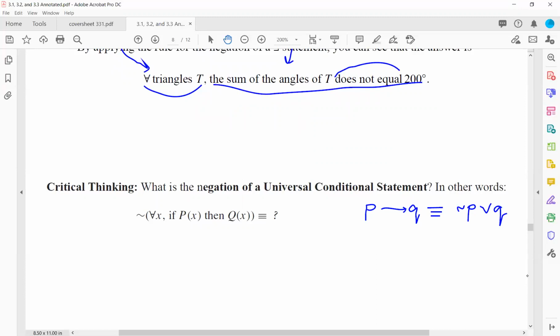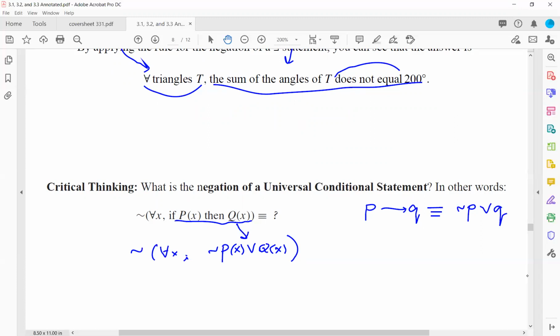We have to negate the or. So here you have not for any x, not P or Q. So first we convert then into or, then we take the negation.